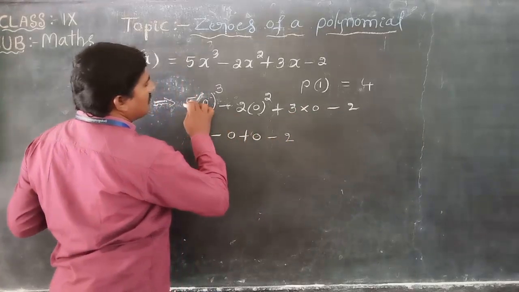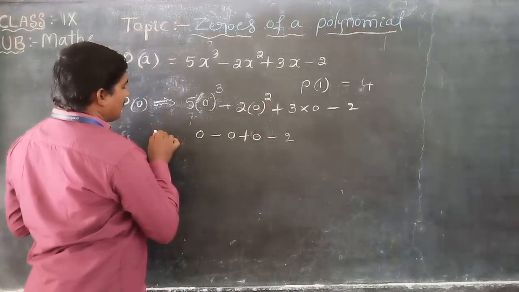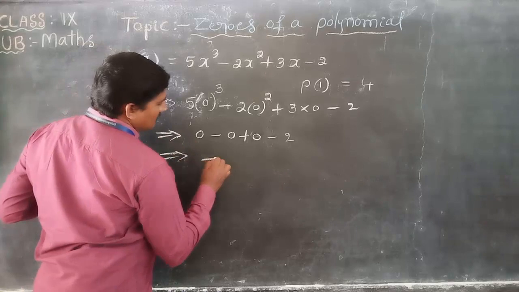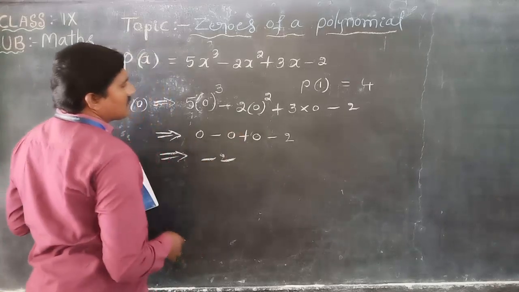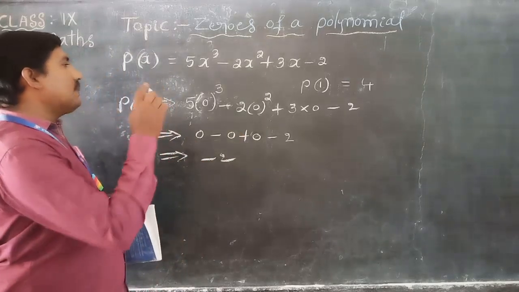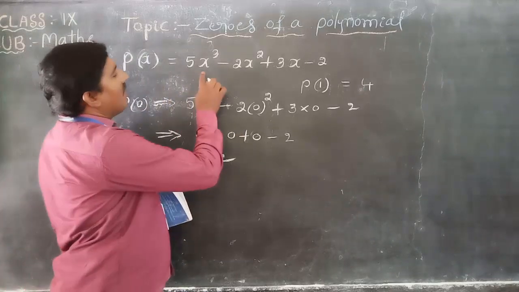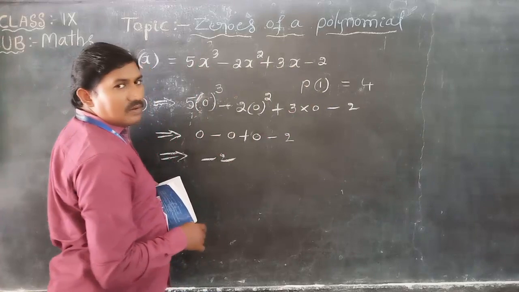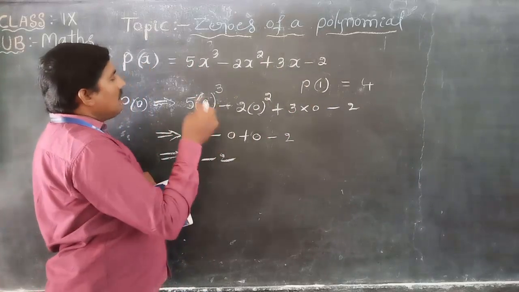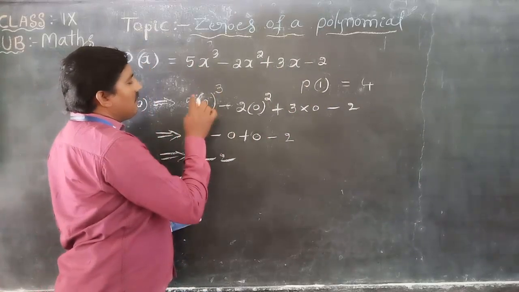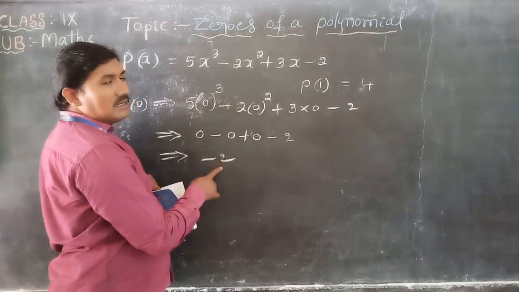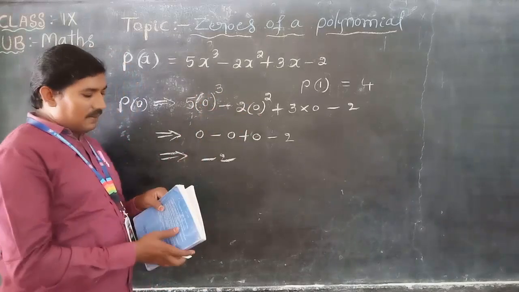All zeros only, 0, 0, 0, minus 2. Then the answer is minus 2. So in this polynomial, substituting 1 in the place of x, we got the answer 4, a positive value. Substituting 0 in the place of x, we got minus 2, a negative number.